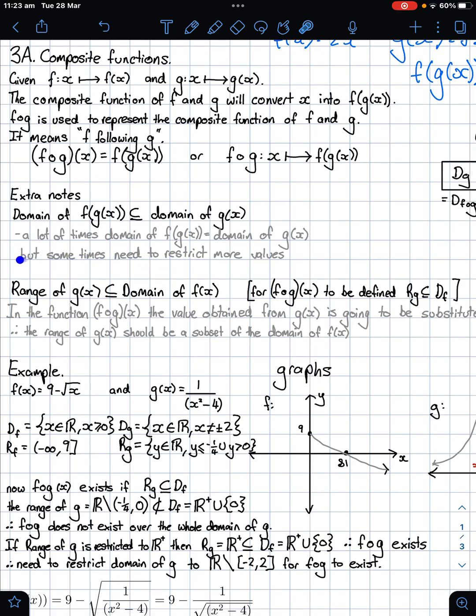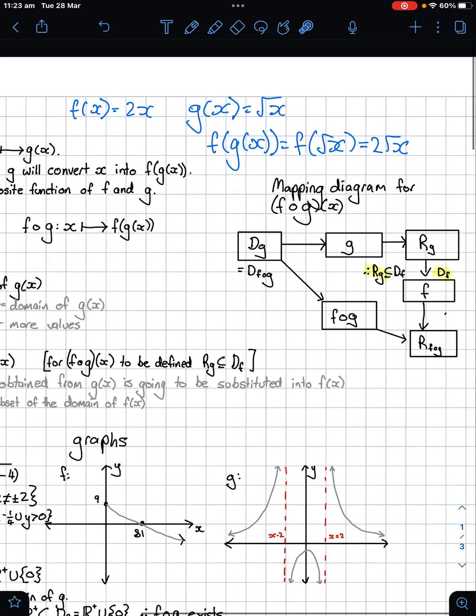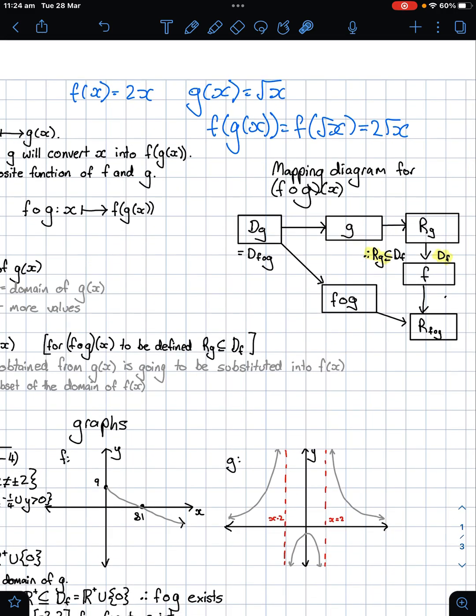Now, the note here is sometimes we need to restrict more of these values. The range of g of x has to be a subset of the domain of f of x. What we think about here is, when we've got our first function, our x value goes into the g function. So first off, we consider our domain of g, and the values we put in there are going to come out and give us a range.